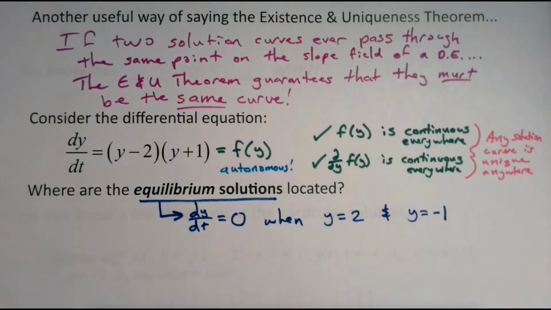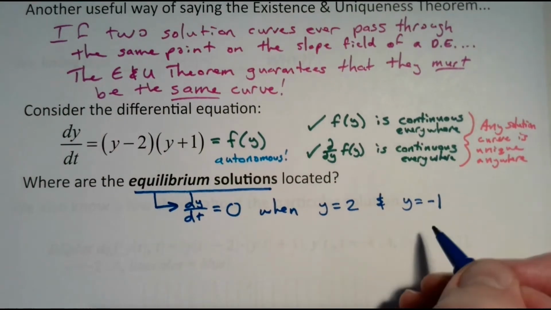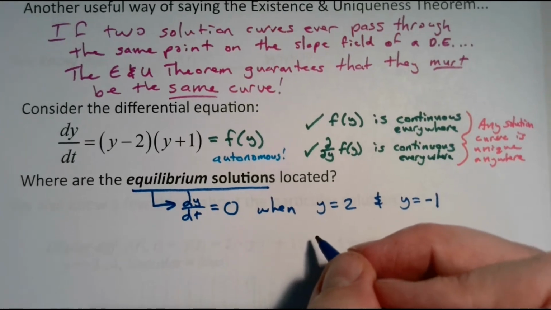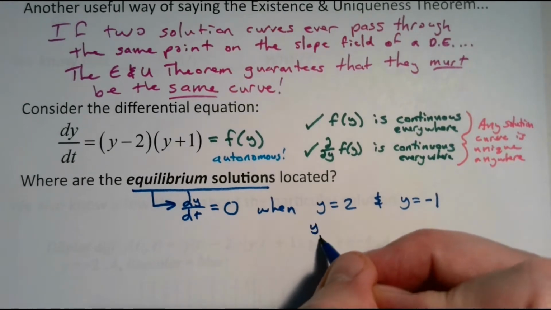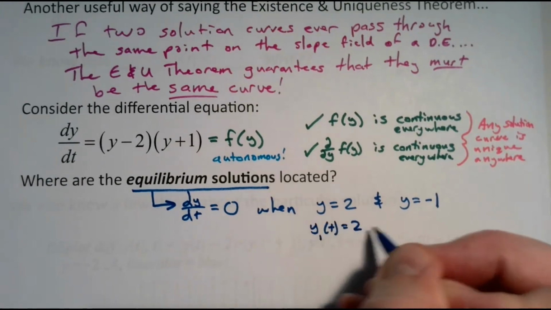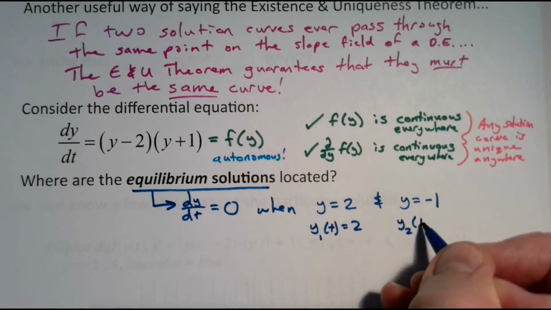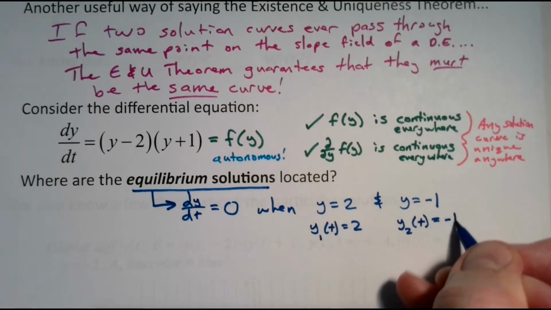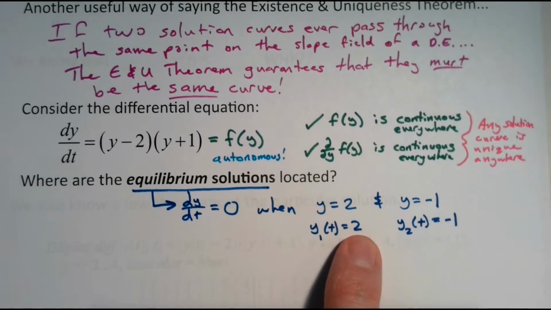There's two places, so we can call these two our equilibrium solutions. I'll call this one y1 of t, and this one y2 of t, because as long as you stay on this horizontal line, you're on an equilibrium solution.